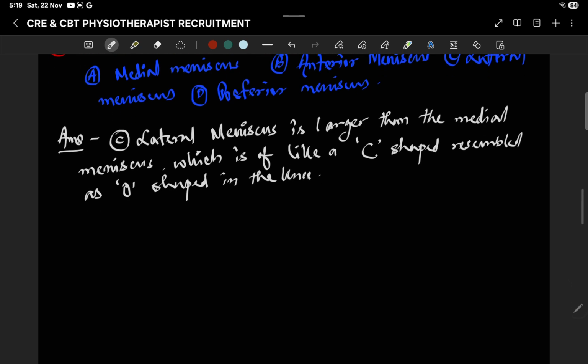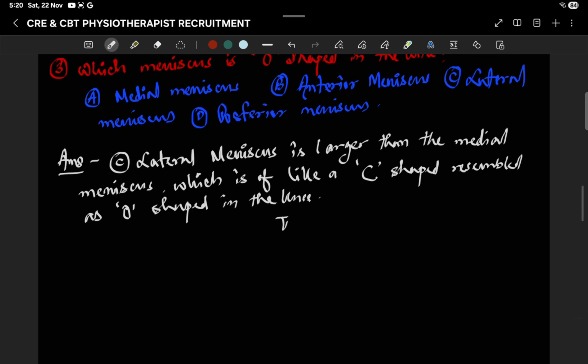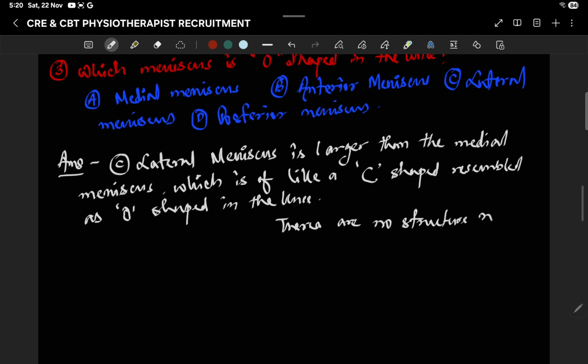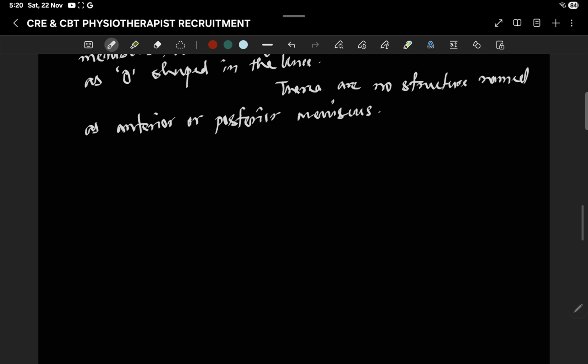Okay, and in other words we can say there is no structure named anterior or posterior meniscus. Okay, next we'll go to number 4.